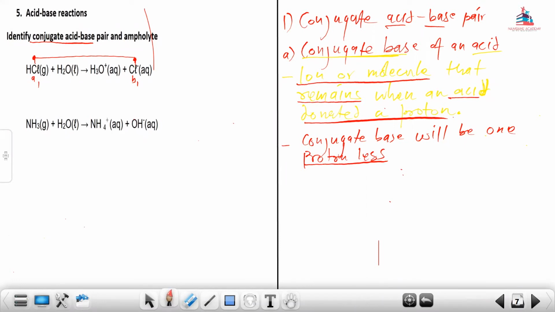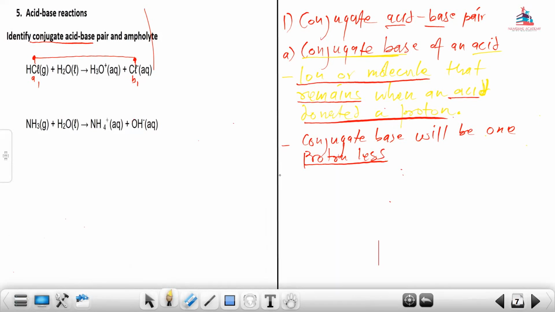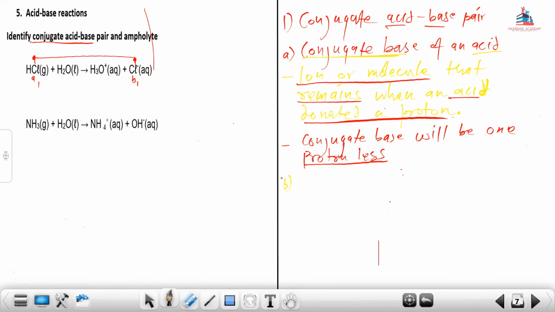One proton, which is the H ion. So let me also add this other information at B. Let me change the color and use black. At B, let's say conjugate acid of a base.